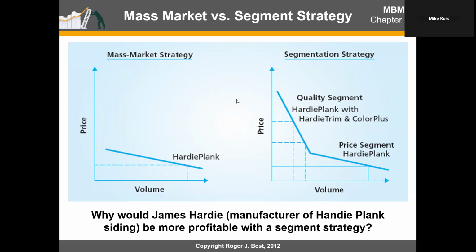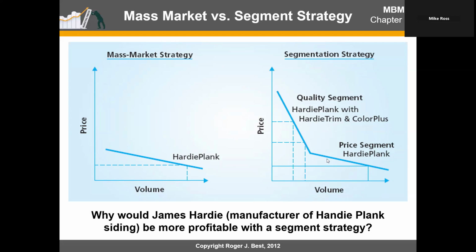I think this is a typo down here. So Hardie Plank seems to be fairly elastic, right? So the lower the price, the greater the quantity purchased, right?